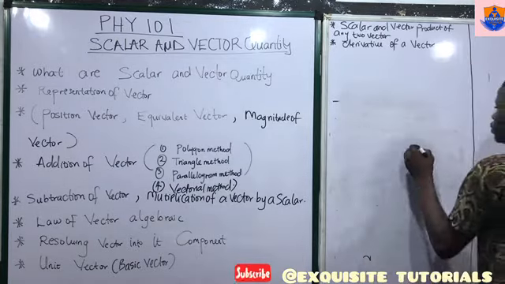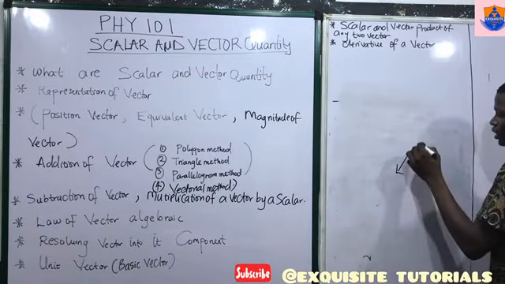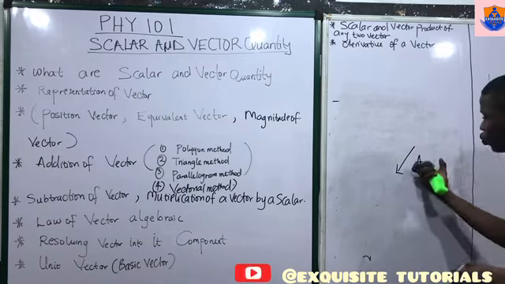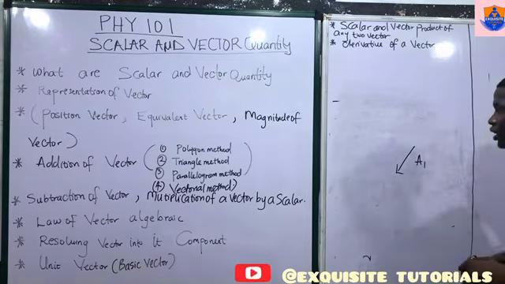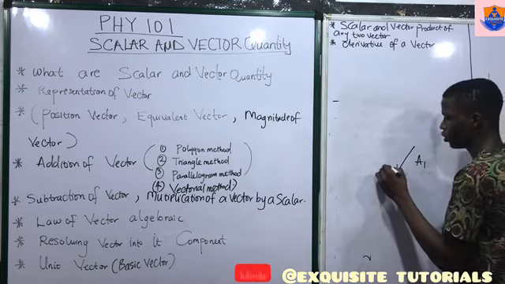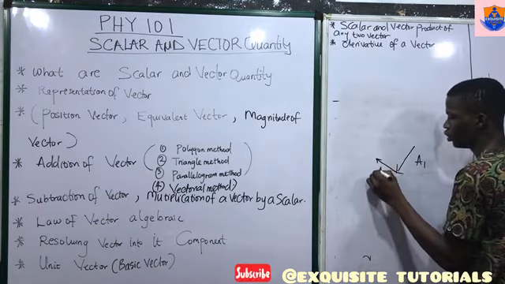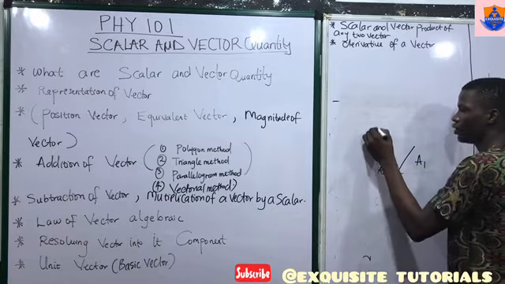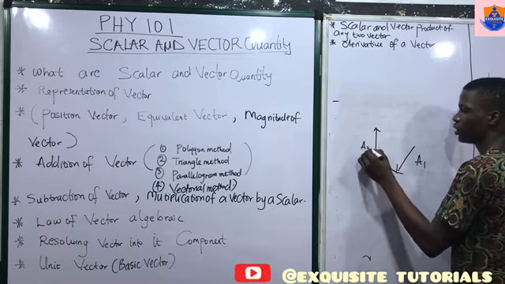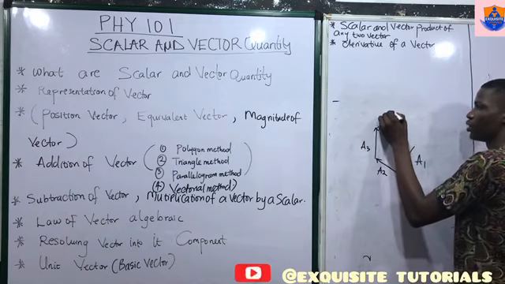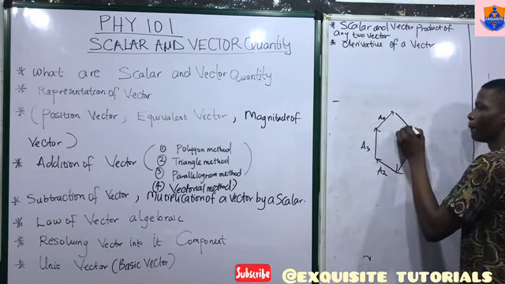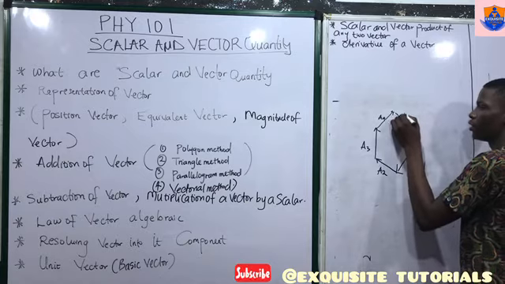So assume this vector a1 is one particular vector. The head of this one is linked to the tail of another vector a2. The head of this one is linked to the tail of another vector a3. The head of this one links to a4. This one is a5.